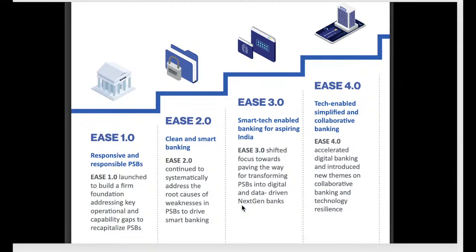Okay? So when it comes to the different types of EASE, the very first one got launched in 2018. So EASE 1 was responsive and responsible for public sector banks, where we focus on building a foundation, addressing key operational and capacity gaps of the recapitalized public sector banks. Two was clean and smart banking.